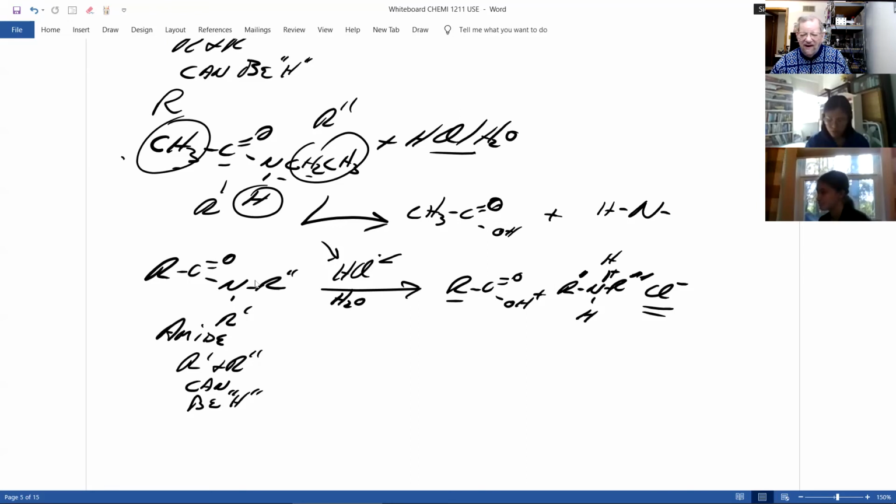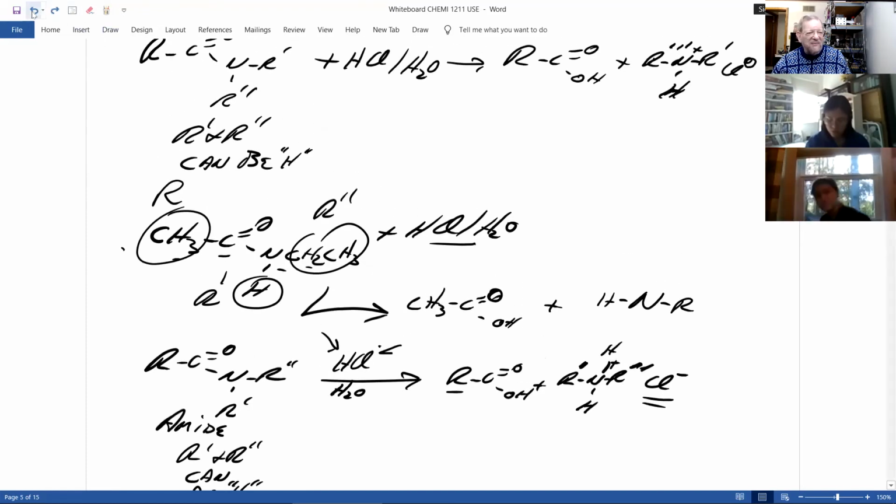R double prime is not R. Oh no, I've got R in the brain. It is ethyl. And then I'll add 2 more hydrogens.